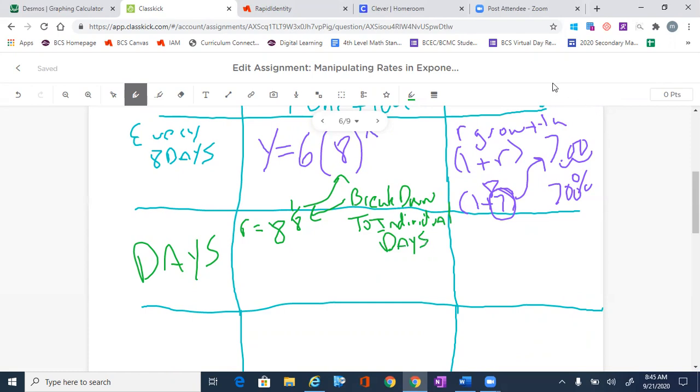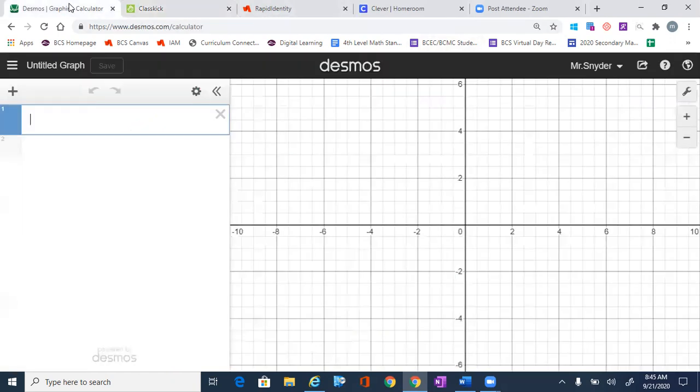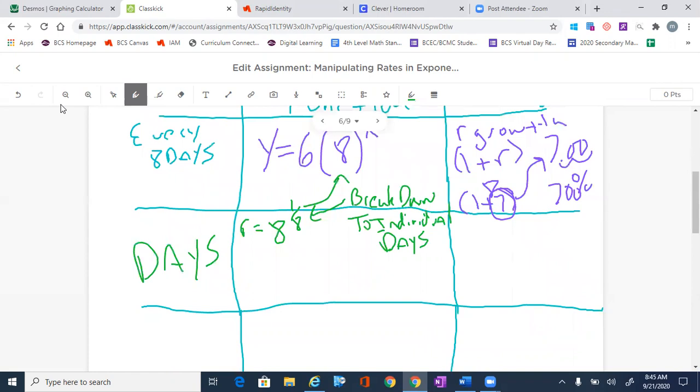So I come over here to Desmos. I take 8, which was the rate, and I'm going to put it to the 1/8 power. And that gives me 1.29. For ease, we'll just round it to 1.3. So R equals 1.3. Now this is a daily rate.